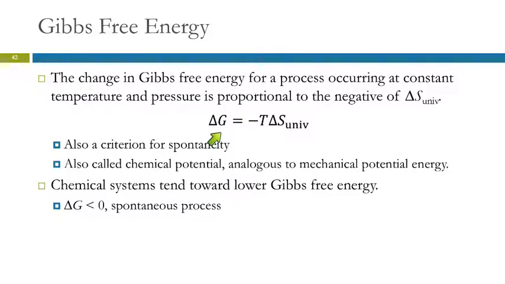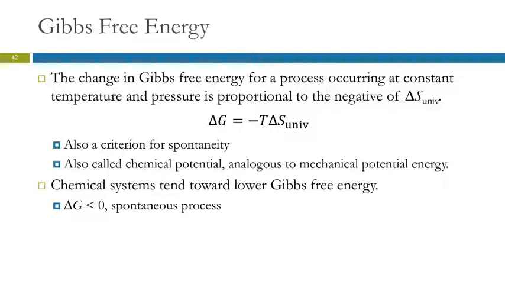So Gibbs free energy is also called chemical potential energy. It's analogous to mechanical potential energy. You know, holding something up above the ground or pushing something down into a spring, right? It's a mechanical potential energy. But this is a chemical potential energy.